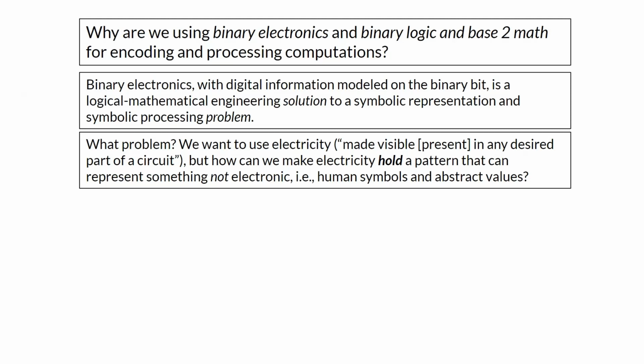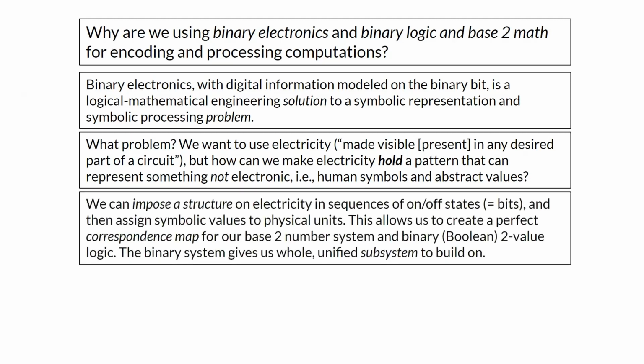But how can we make electricity hold a pattern that can represent something not electronic? That is human symbols, abstract values. Well, we impose a structure on electricity in sequences of on-off states, bits, and then assign symbolic values to the physical units. This allows us to create a perfect correspondence map for our base 2 number system and our binary, that's Boolean 2-value logic.